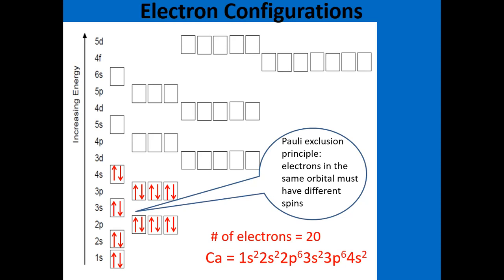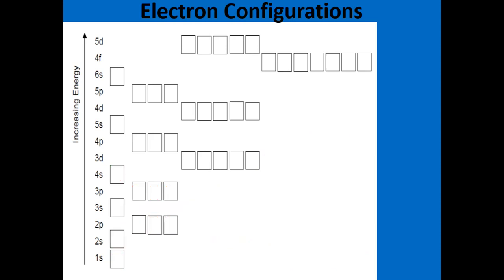So the electron configuration is 1s2, 2s2, 2p6, 3s2, 3p6, 4s2.